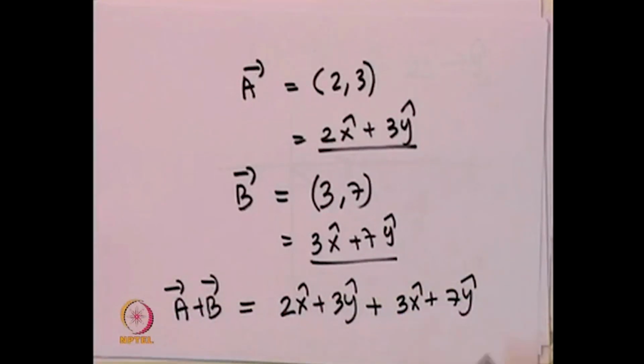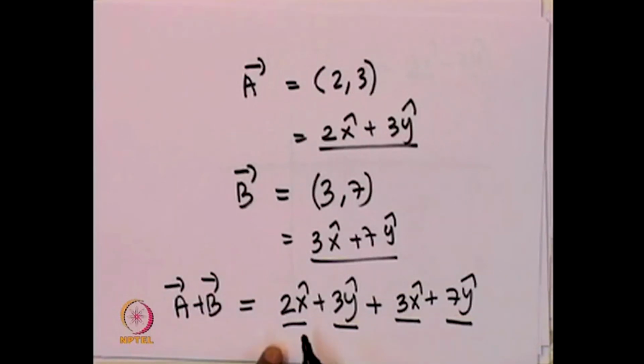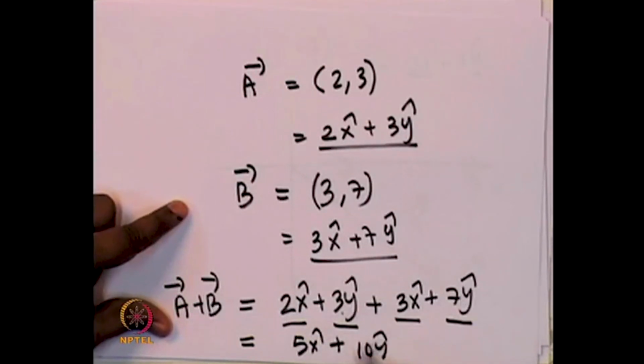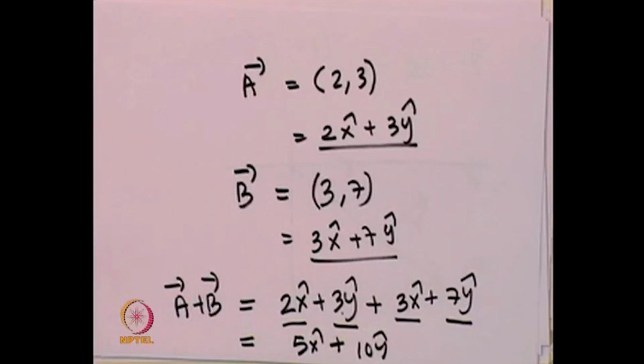Now, when you have such a situation, the thing you should do is add this component and this component, these are x, and this and this are y. So, add the components. The answer is 2x plus 3x is 5x, 3y plus 7y is 10y. So, the answer is 2 plus 3, 5x, plus 3 plus 7, 10y. So, this is the answer.